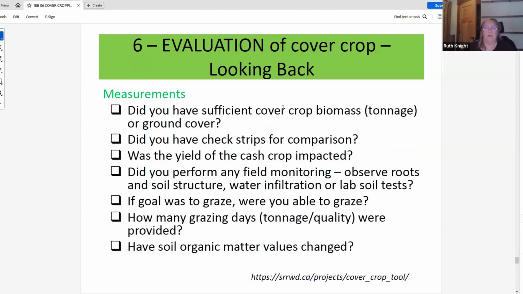Also, what is the biomass that is actually provided? Measuring biomass is a really great way of an overall assessment of your cover crop, how well it's growing and your whole nutrient cycling.